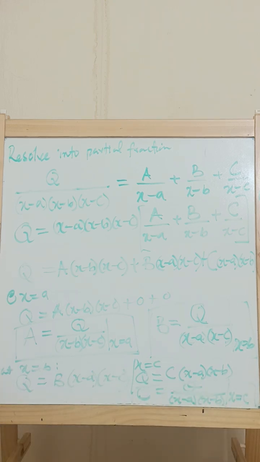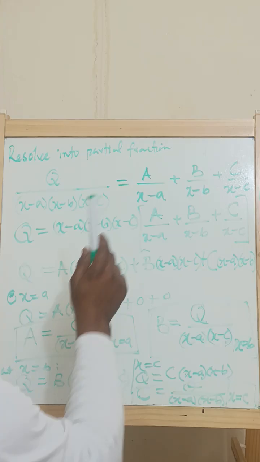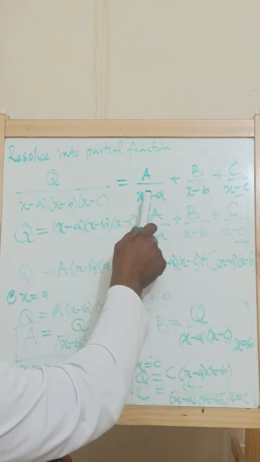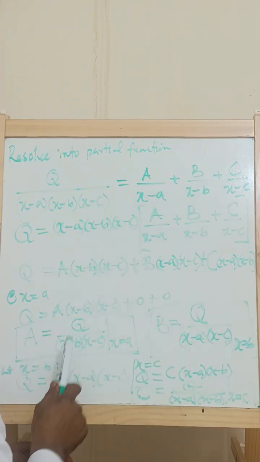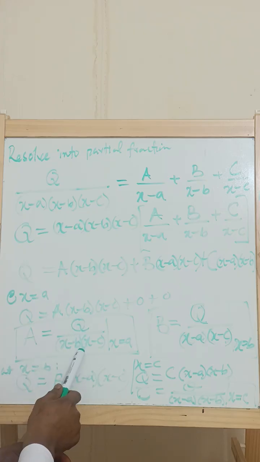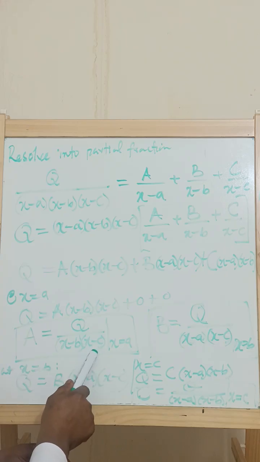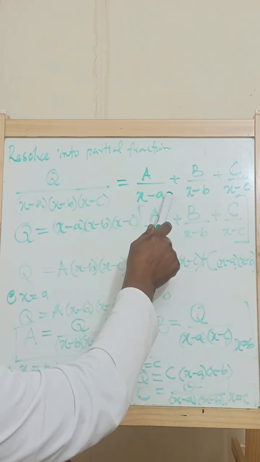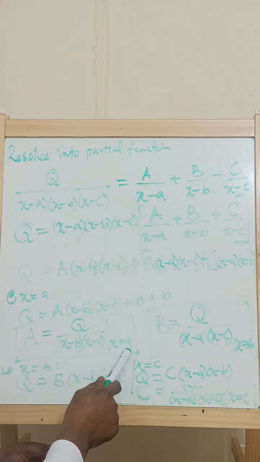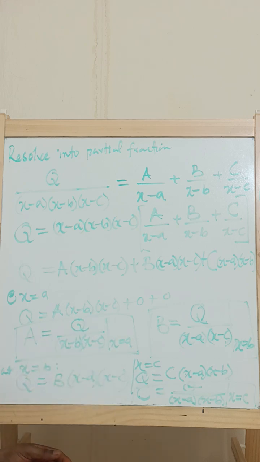Anytime we are given an expression in partial fractions, this is how we use these formulas. A simpler way to look at this: for A, the two brackets under Q will be from these two, x minus b, x minus c, but it is this one, x minus a, that will be equated to 0 and substituted in that equation.